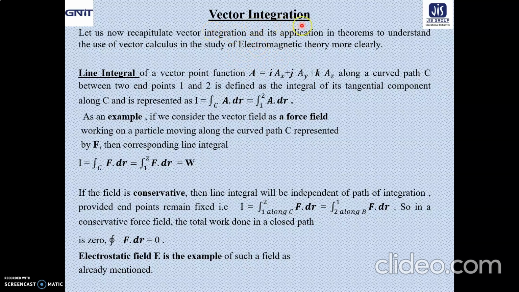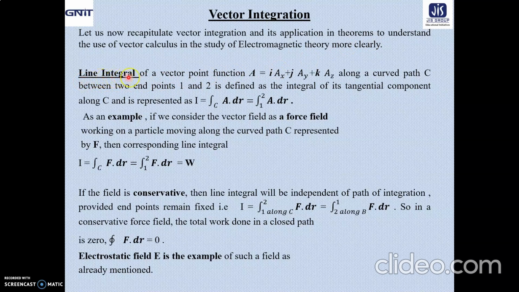So vector integration will give us the complete idea of how to apply vector calculus in electromagnetic theory, in terms of two very important theorems used in vector integration. Before going to the theorem part, let us come to the definitions of vector integrations one after another.